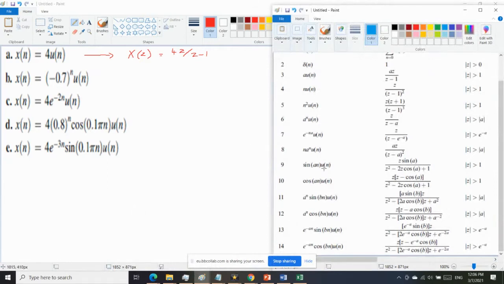For the second one, it has minus 0.7 to the power of n. Number 6 applies where A is minus 0.7.